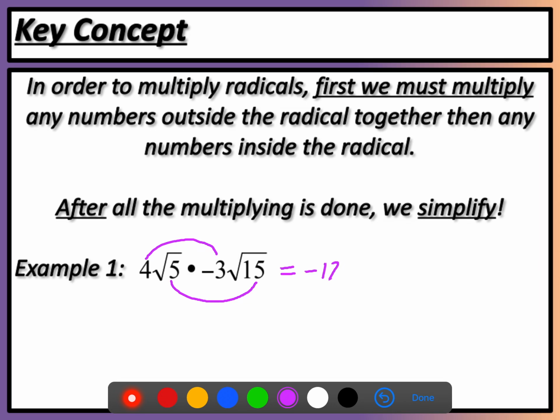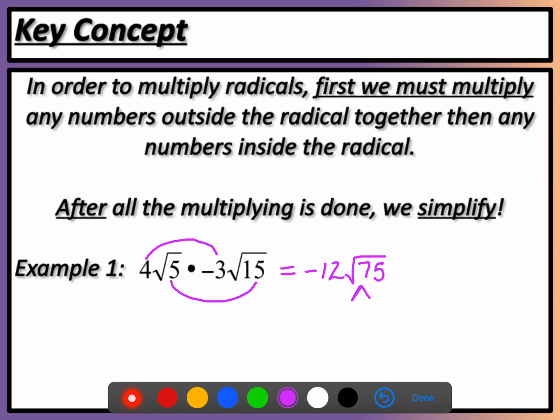So we are looking at negative 12 square root of, we're going to do 5 times 15. Making sure that we keep the insides together and then the outsides, square root of 75. From here we're not done because now we have to try and simplify.